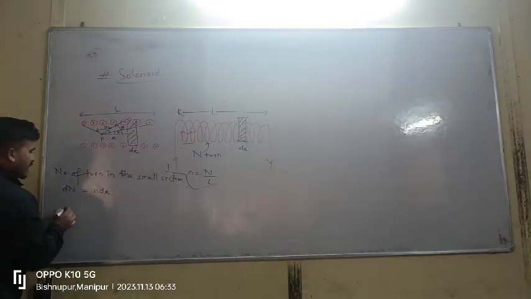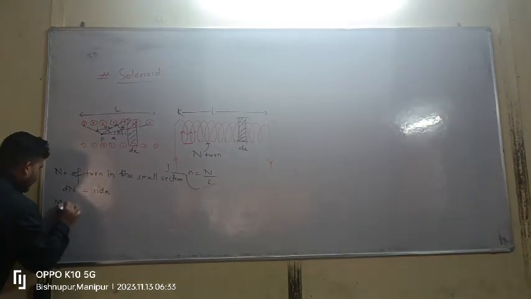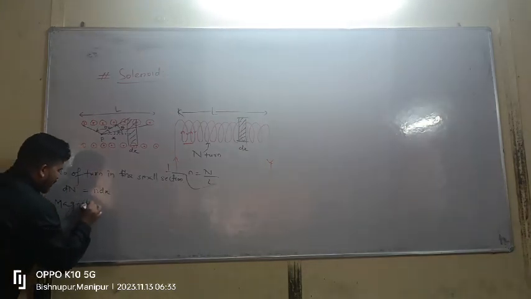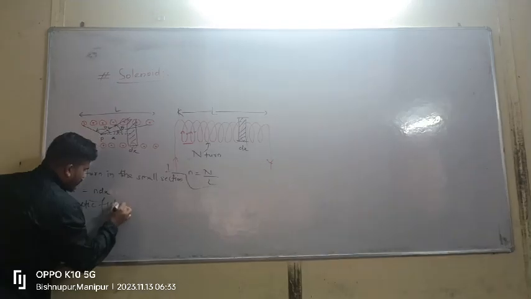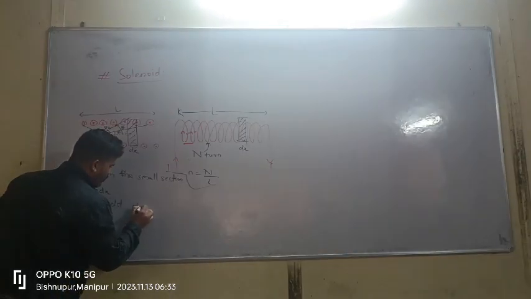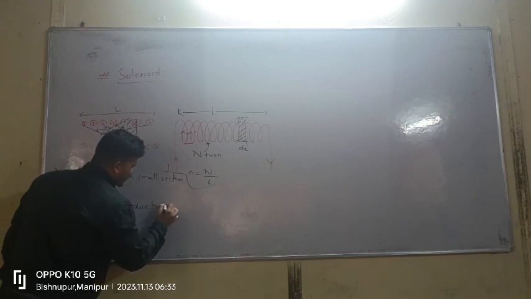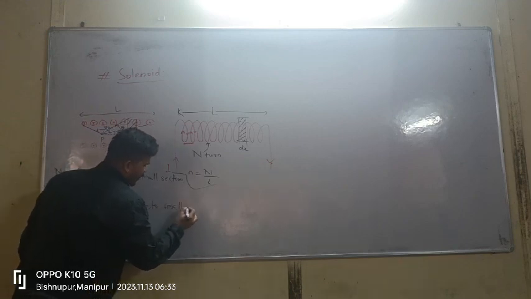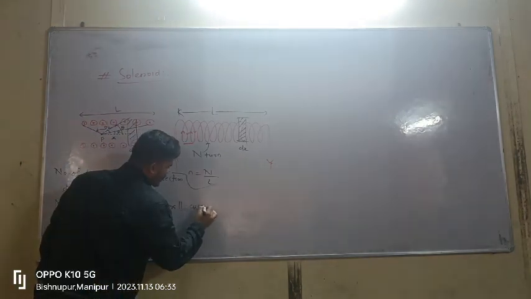Now tell me the magnetic field due to a small section, a current carrying element.